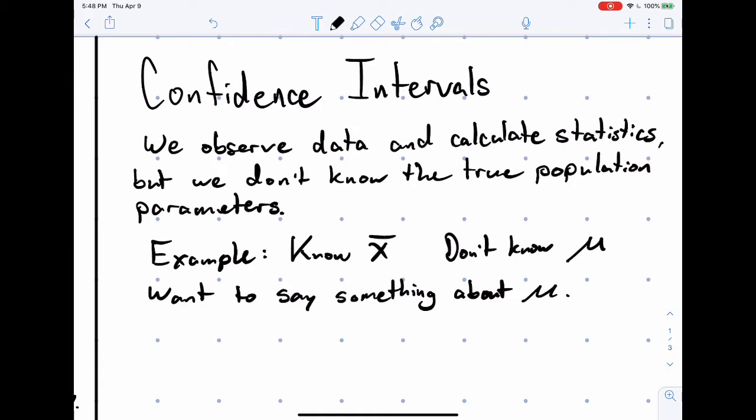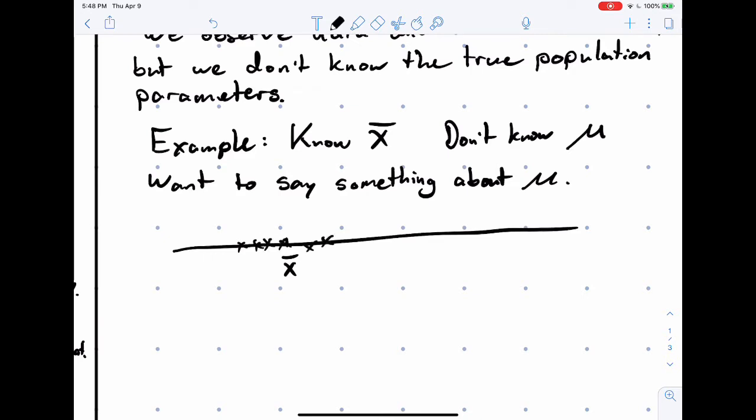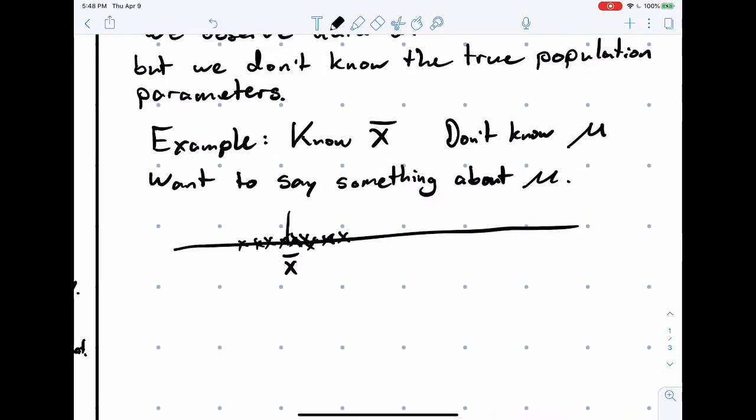We usually can't make an exact statement, but we want to say something about it. And so what we want to say is approximately where it is. So if we have our data and X bar appears in some place, and all our data points are somewhere around here, x's, x's, x's, so the standard deviation is low, then we know that it's probably pretty likely that our true population mean is close to X bar in this case.